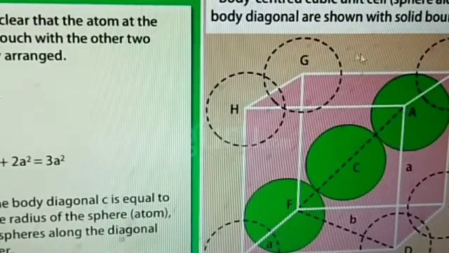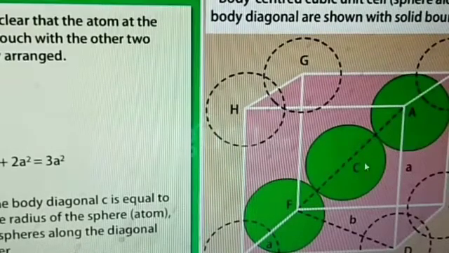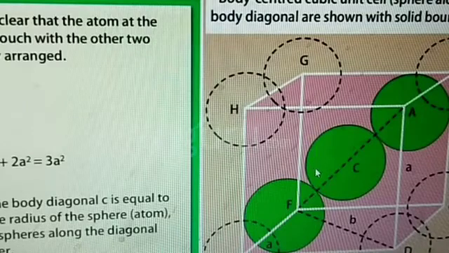In this body centered cubic unit cell, see spheres. It is clear that the atom at the center will be in touch with the other two atoms which are diagonally arranged. This is the atom which is present at the center, and this is attached to the two neighbors which are arranged diagonally. Yes or not? See here, this is the atom. It is in touch with the two atoms which are arranged diagonally.